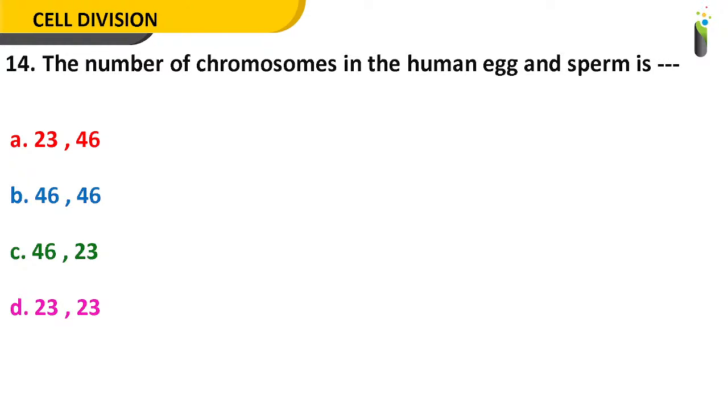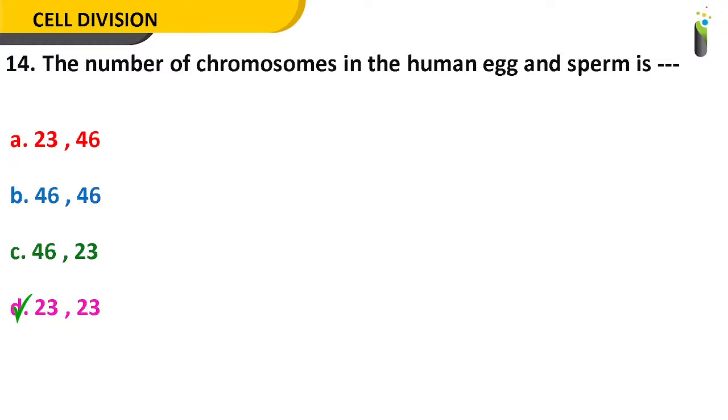Well, the answer for this question has to be D. That is, the number of chromosomes in the human egg and sperm is 23, 23 each. Please remember, gametes universally are haploid. So when I say universally, that means the gametes all over the world, in plants as well as animals, are always haploid.